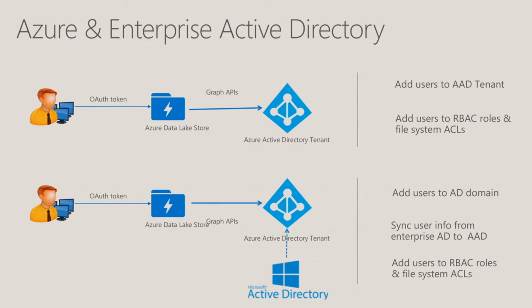So the first part, authentication. You can use Azure Active Directory tenants, or you can use your Enterprise Active Directory also. In the first case, what we see is a user who has an Azure Active Directory account being able to use the store. In the second case, this user has the account stored in the Enterprise Active Directory, which is federated with Azure Active Directory.